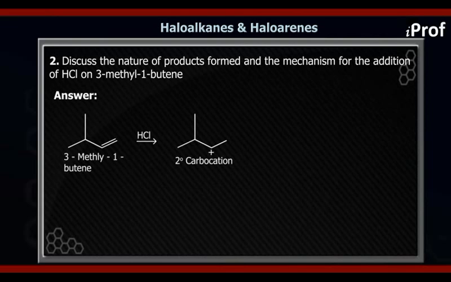Now because in the question it is given that discuss the nature of the products, not a product, it is products. That means two products will be formed. So now two possibilities are there in this case. This carbocation can either undergo rearrangement or Cl negative can attack on this carbocation formed.